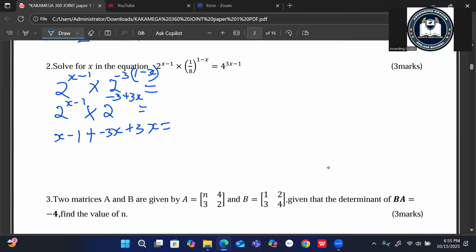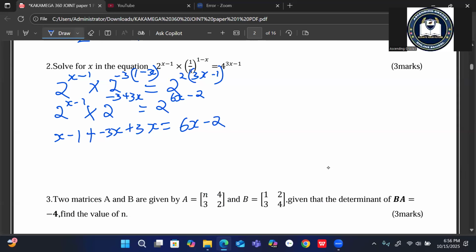We had the right side as 4 power 3x minus 1. So 4 is the same as 2 squared, so here it should be 2 power 2 into 3x minus 1, which is 2 power 6x minus 2. So here we say that it's equal to 6x minus 2.